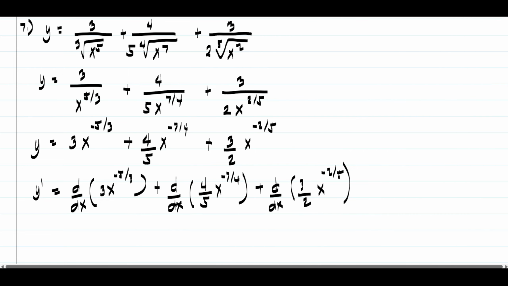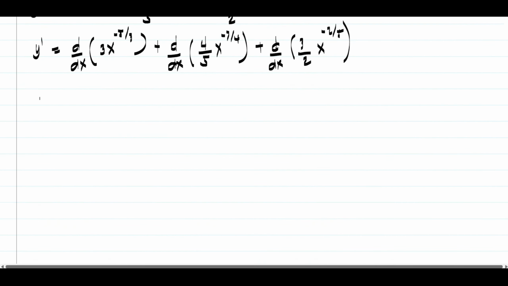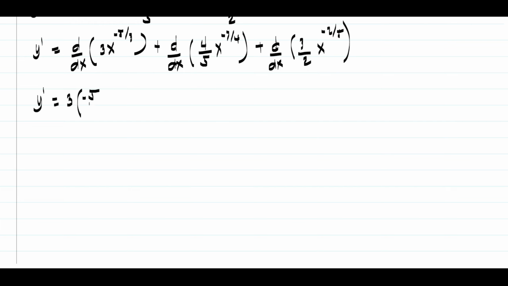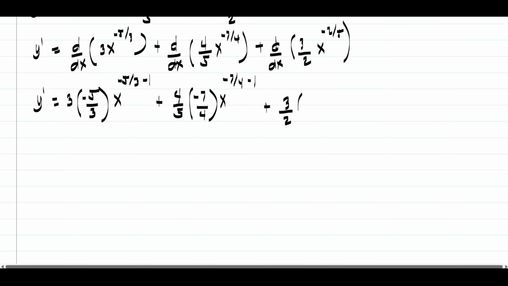So to simplify this one, let us write y prime equals, to find the derivative, let us multiply 3 by negative 5 over 3. So we have 3 times negative 5 over 3 x raised to negative 5 over 3 minus 1 plus 4 over 5 times negative 7 over 4 x raised to negative 7 over 4 minus 1 plus 3 over 2 times negative 2 over 5 x raised to negative 2 over 5 minus 1.